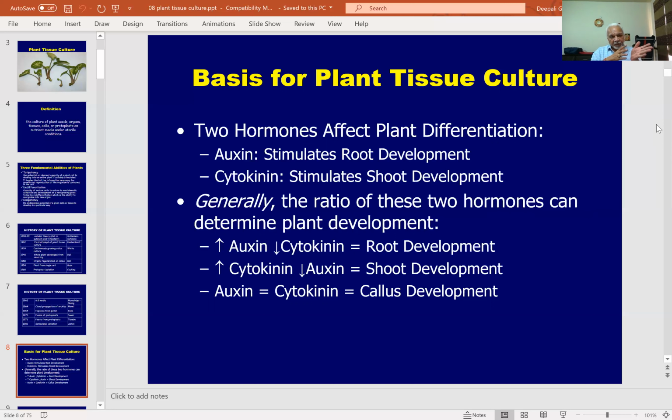So when the seed grows, the cells committed for root development have a cytokinin to auxin ratio in a particular way, and those cells committed for shoot development have a different one. And this was a very important discovery as far as plant growth and development is concerned.